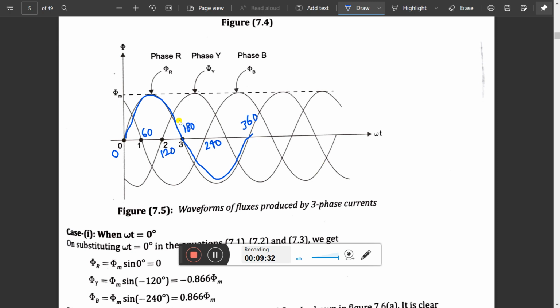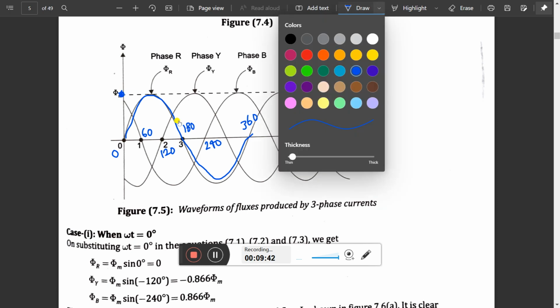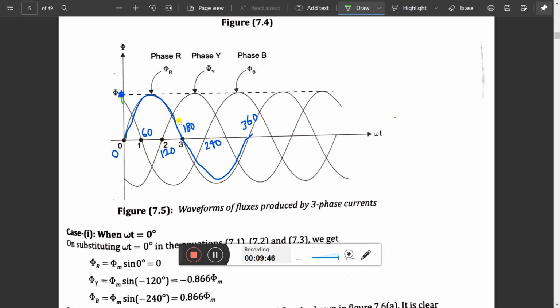Now how is the rotating flux produced? Now I am taking this point. At this point, I am changing the color. Now observe this. At this point there are three fluxes. First one is phi b, and phi b is nearly equal to, try to observe this, this is a positive value.